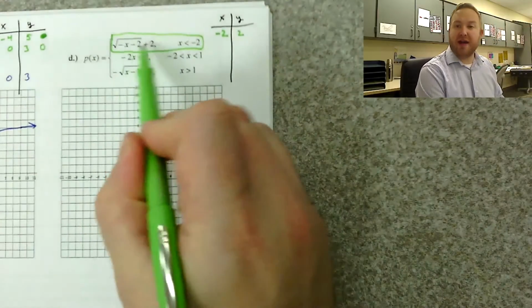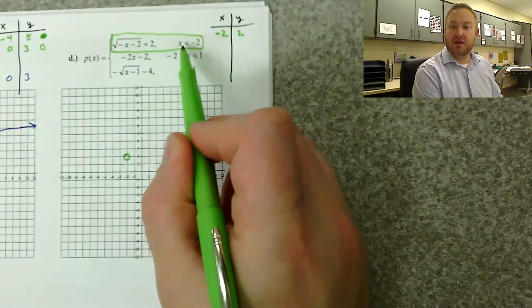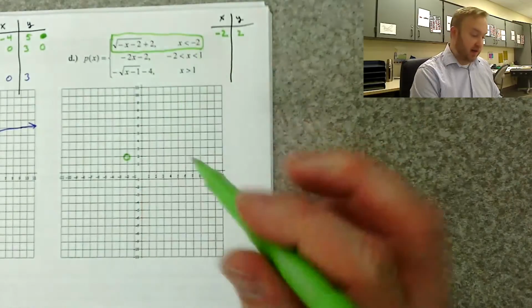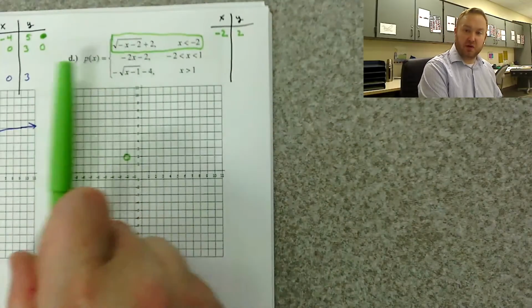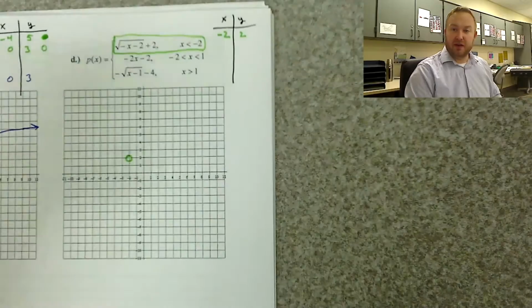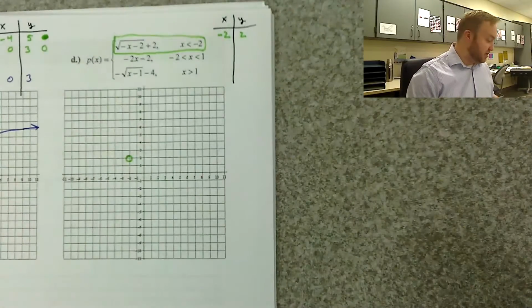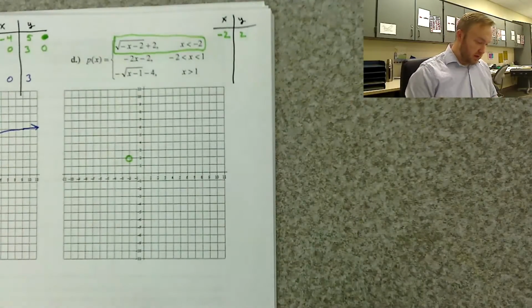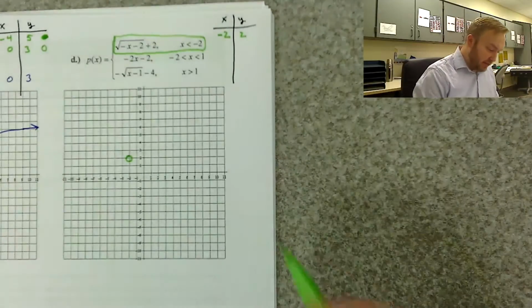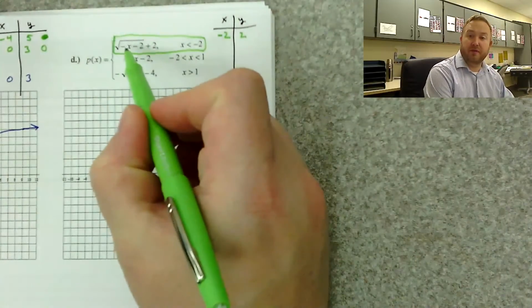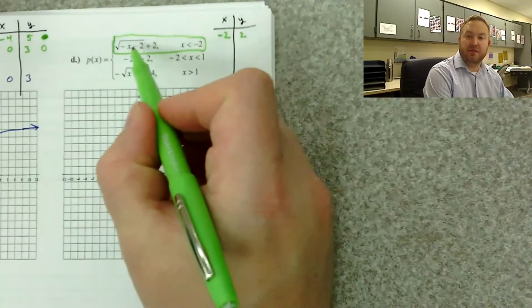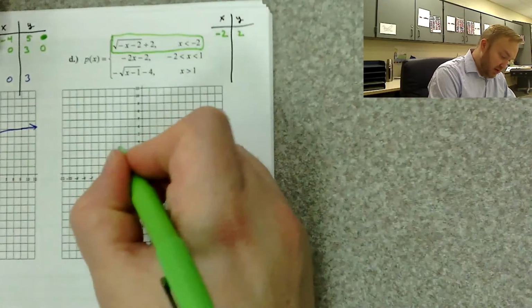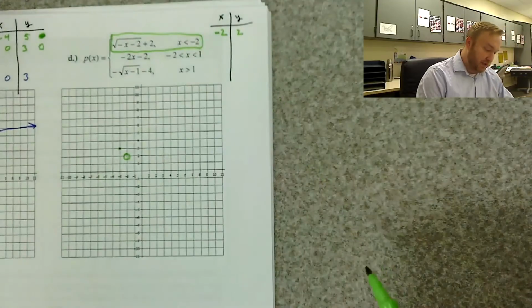And now I'm going to graph the rest of this piece for x values less than -2. So that would be this part of the graph down here. We can just plug in numbers. Let's see. How about if I try -3? If I put -3 in here, I would get 3 minus 2, which is 1. That would end up being 1 plus 2, which is 3. So I'd have a point at (-3, 3).